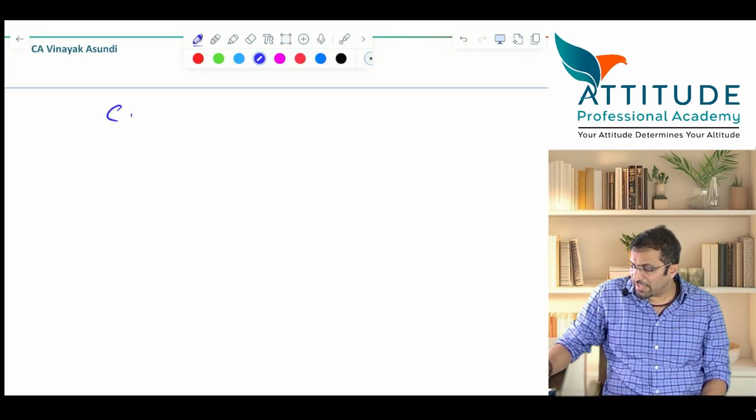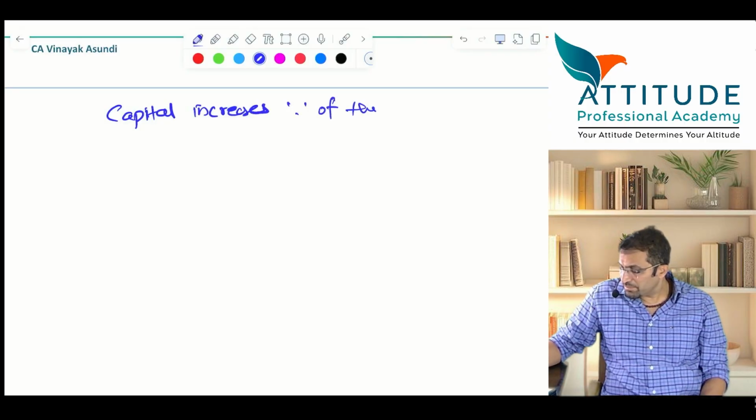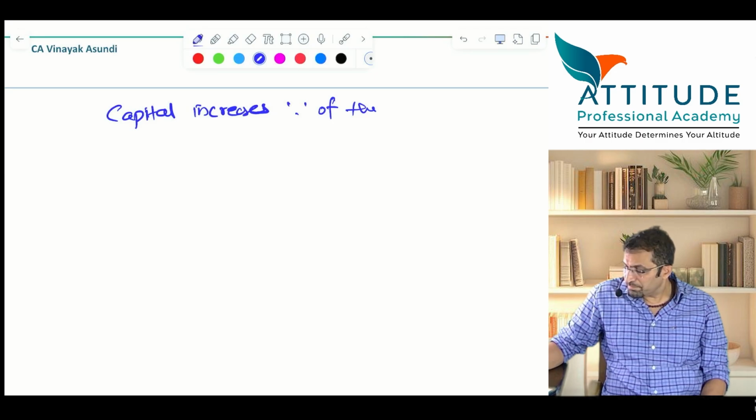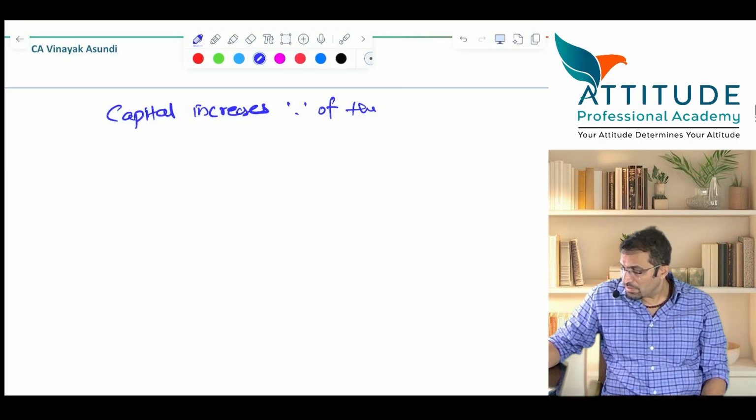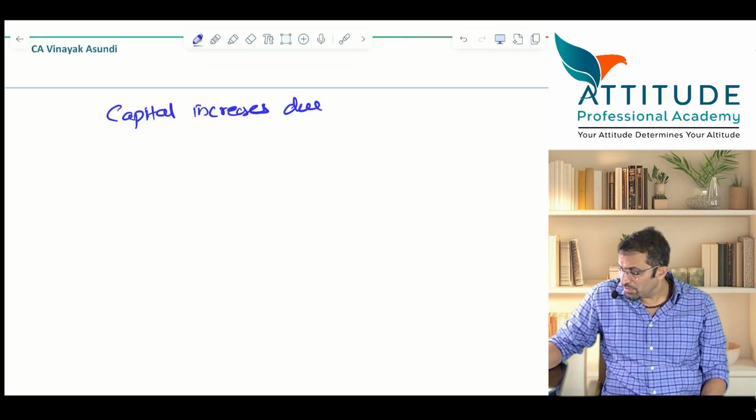Now, capital increases due to the following reasons.